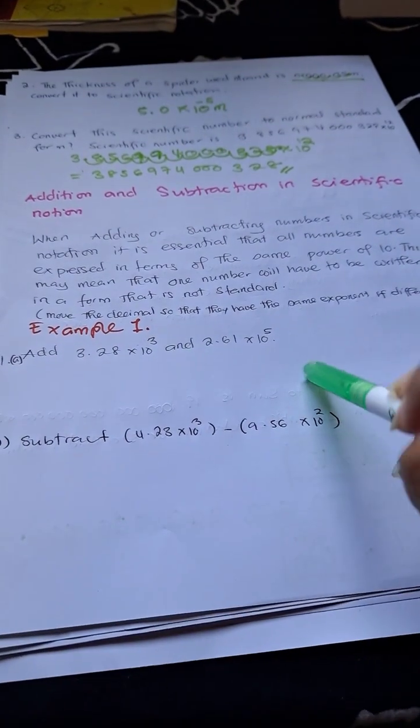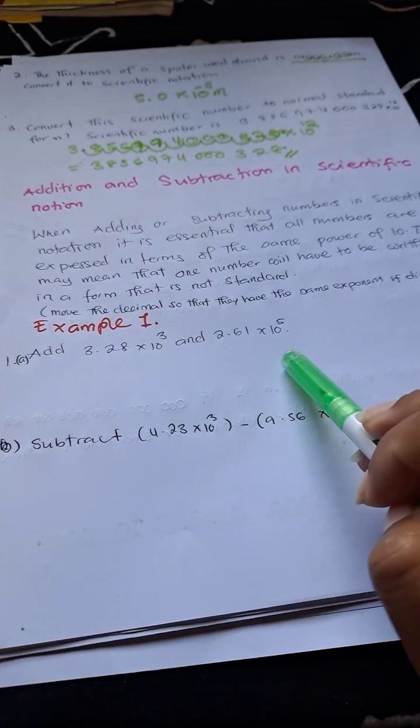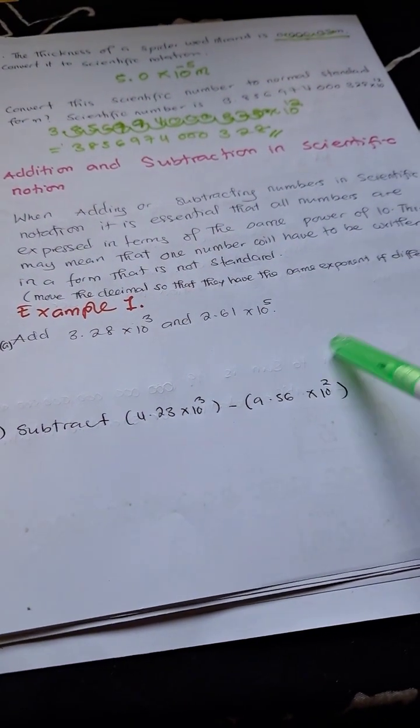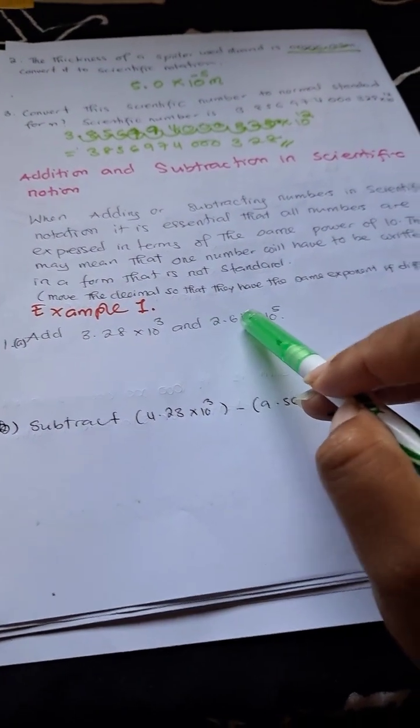Yeah, so when adding and subtracting, if you have the same powers of ten on the numbers that you are adding or subtracting, you just add or subtract this part.